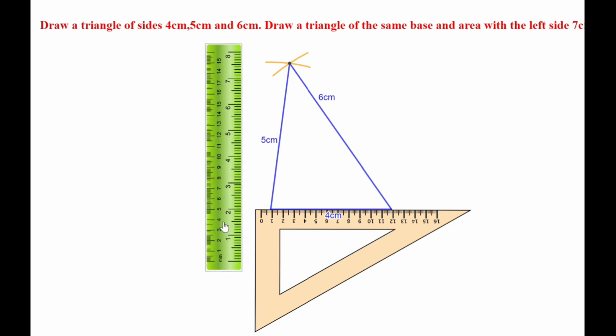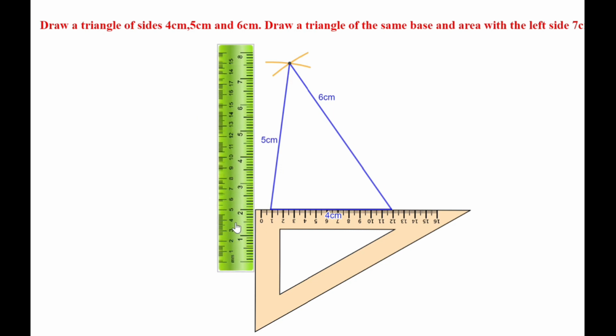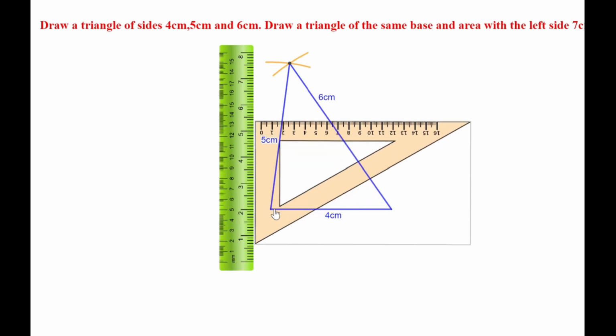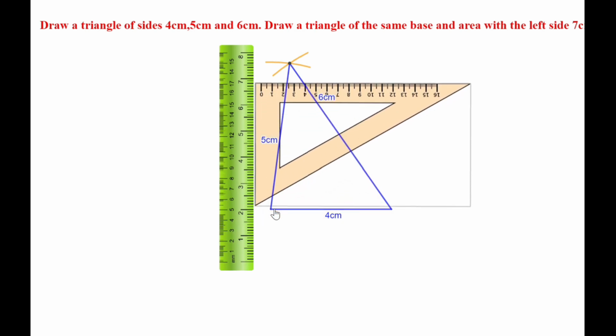Hold it firmly. Now place the ruler next to the set square like this. Now hold the ruler firmly and slide the set square along the ruler like this.